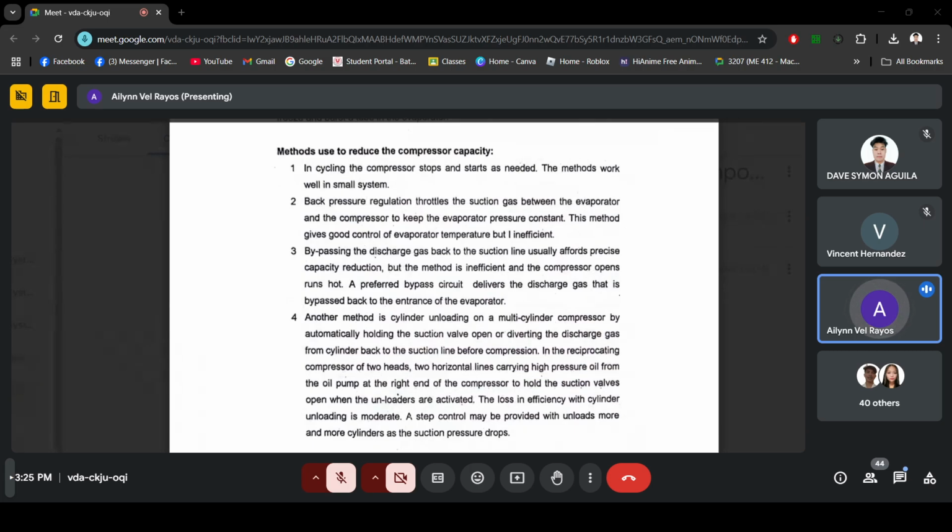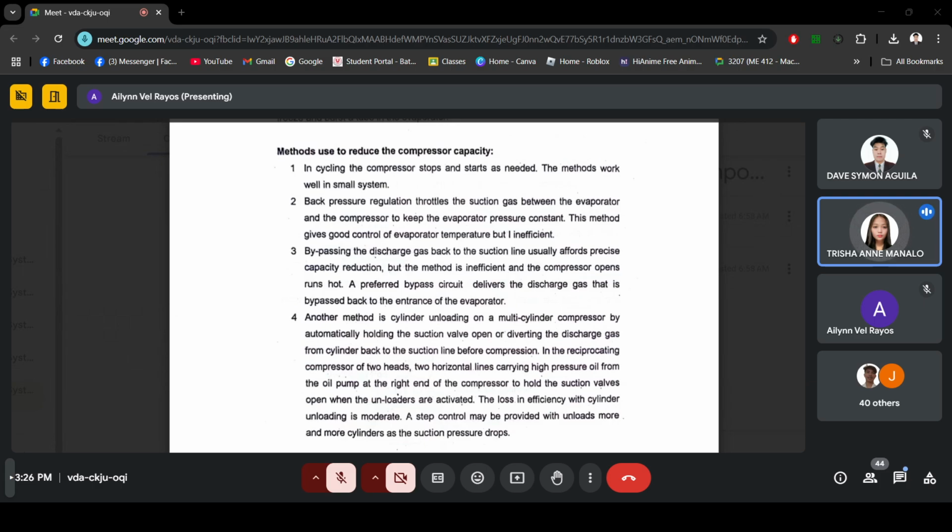Can you please read this, Trisha Ann? Methods used to reduce the compressor capacity. One, in cycling, the compressor stops and starts as needed. The method works well in small systems.